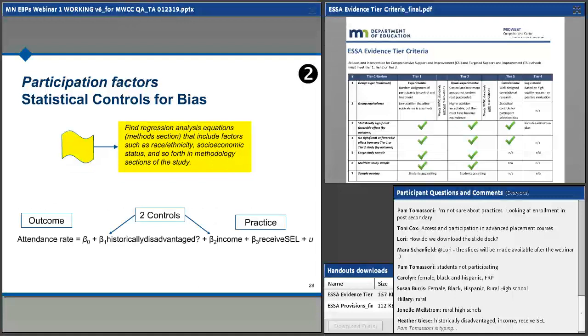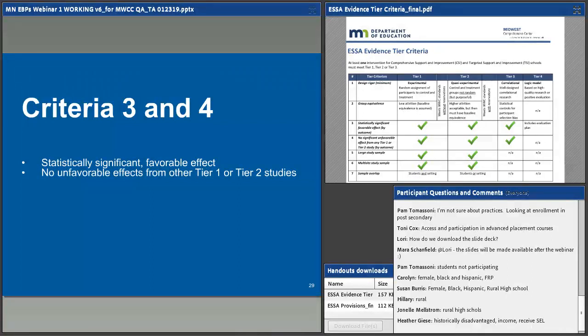So in this case, historically disadvantaged and income are indeed the two controls, but you're still going to need some variable for practices. And in this case, you see that receiving social emotional learning is the practice in question, and the outcome is attendance rate. Again, the race and ethnicity, as well as the historically disadvantaged status controls are the most common probably, certainly not exclusive, but those are the big ones that you're going to want to look for.